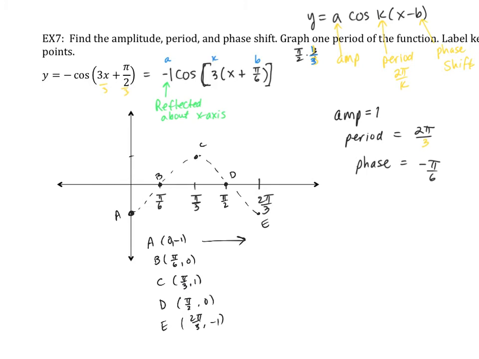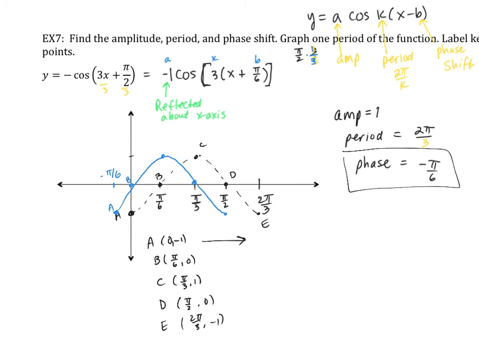So our phase shift being negative pi over 6, that's just going to slide my graph over to the left. Okay, so this will be what my graph looks like now when it's just been slid over. So we basically just subtract pi over 6 from all of our key points.